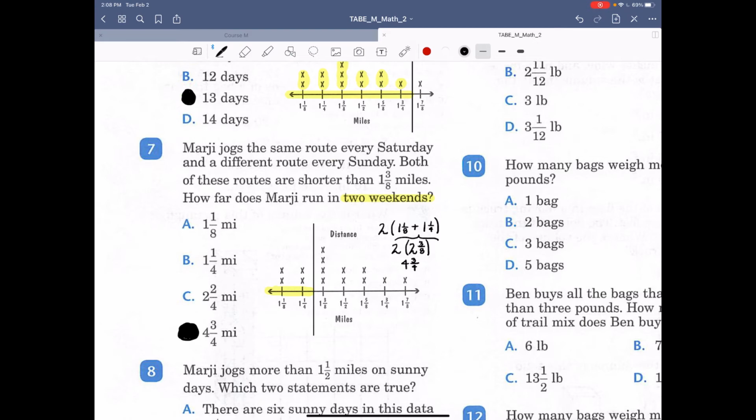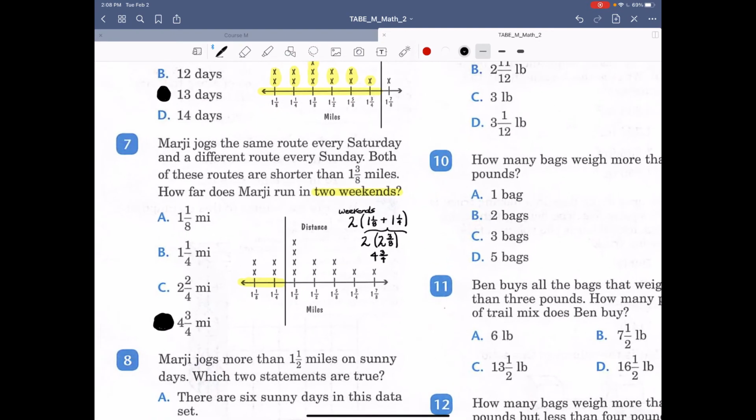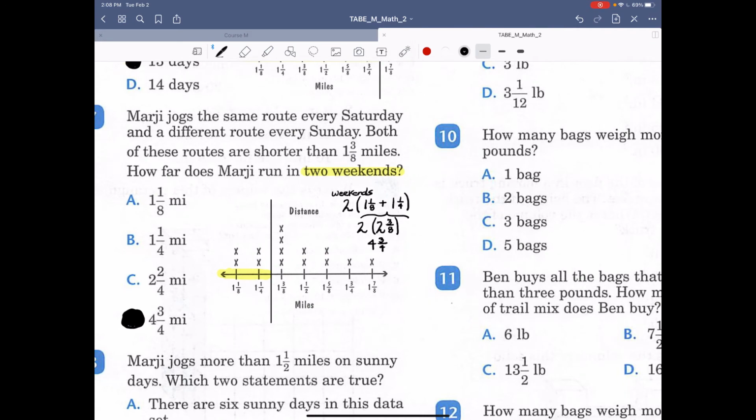So number 7 is D. And remember, this 2 is coming from 2 weekends. The 1 1/8 and 1 1/4 would be a Saturday and a Sunday. And I'm not sure which is which, but it doesn't matter because we're adding.